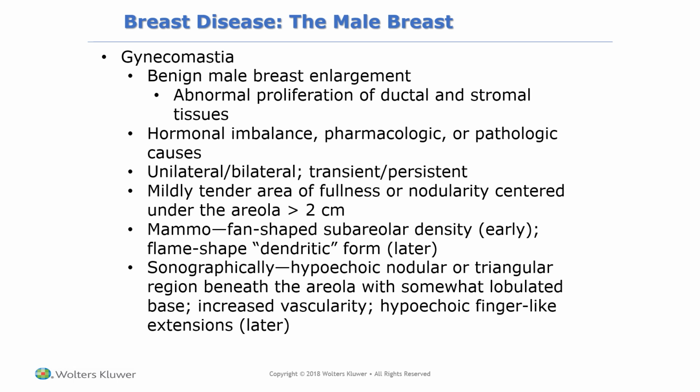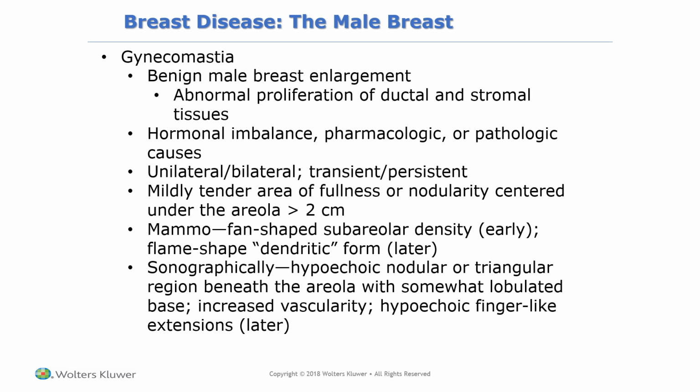And dendritic in this case is referring to, if you can go back to your anatomy and physiology and think about the dendrites of the neural system, it's going to look somewhat like one of those dendrites with that spiculated extension of the mass.